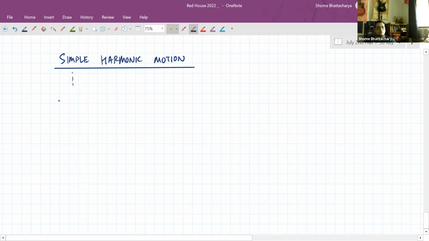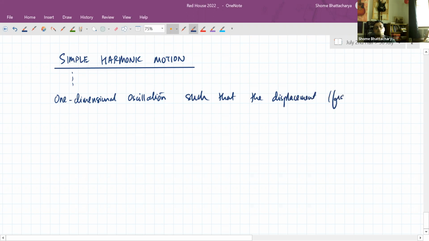So it is a one-dimensional oscillation such that the displacement from the mean position is sinusoidal. That means it's a sine function.